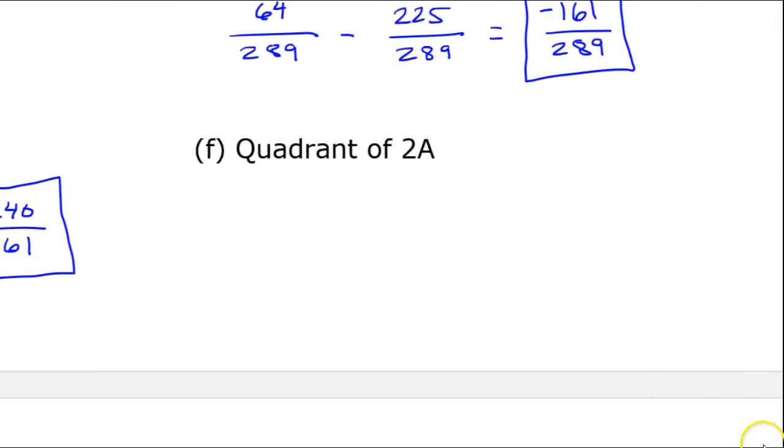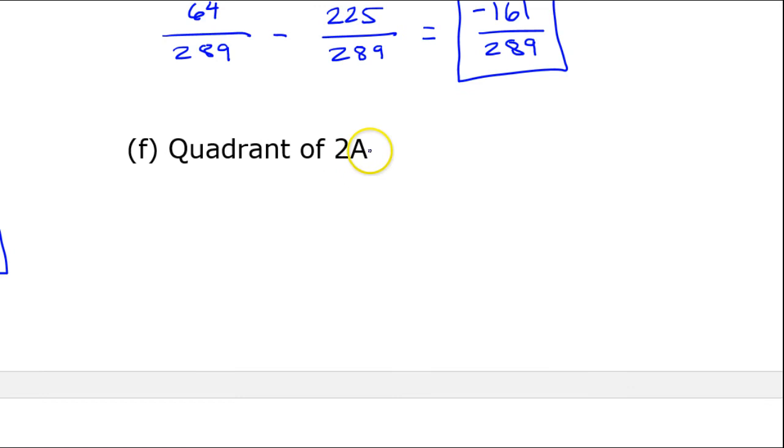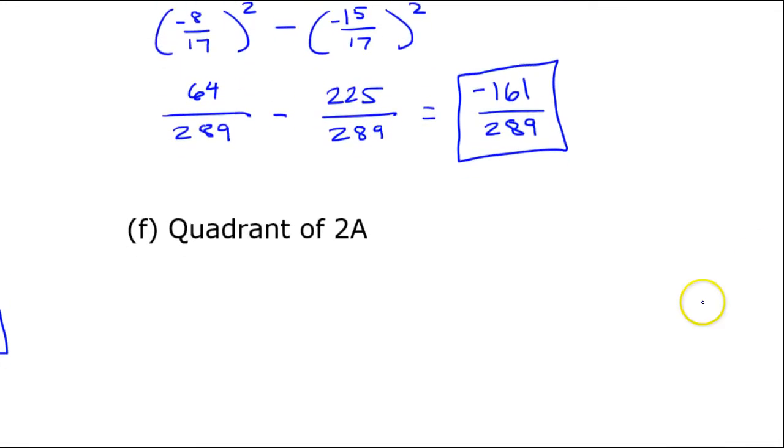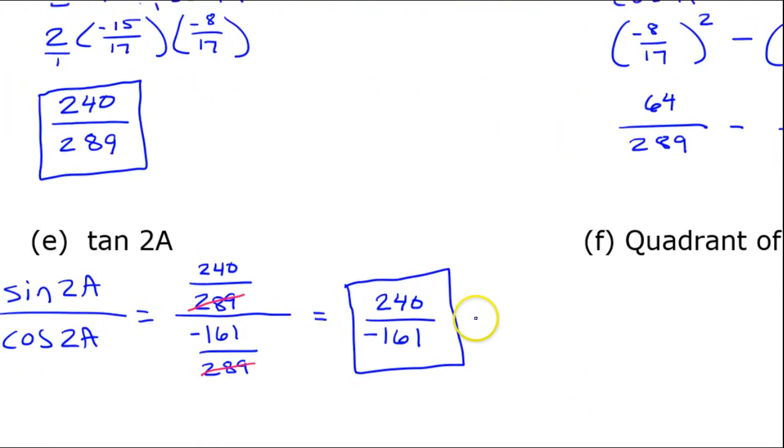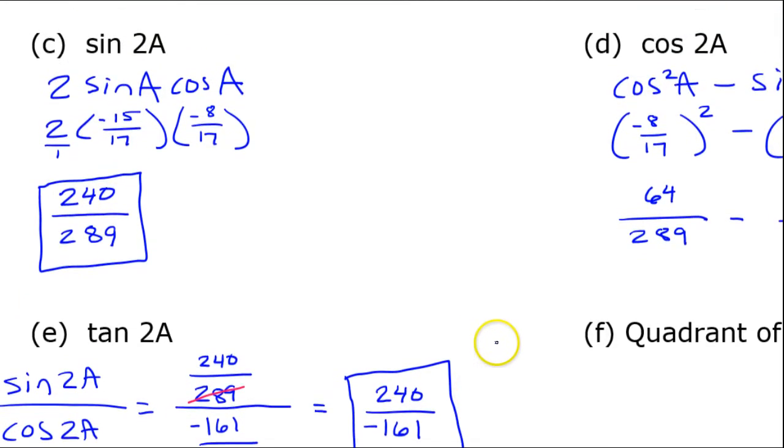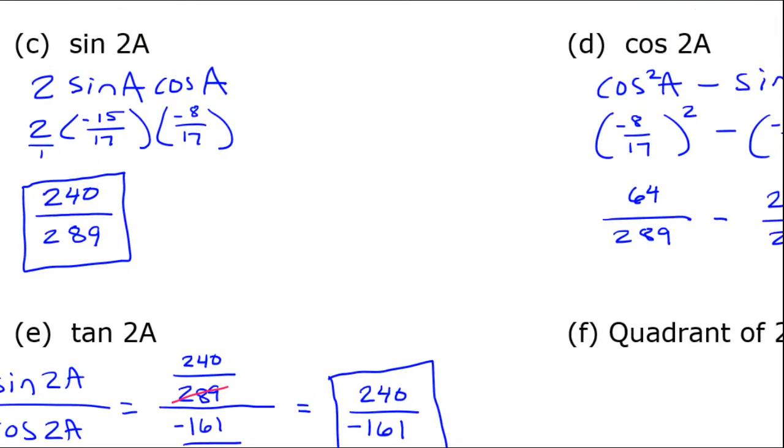Now, what about the quadrant of 2a? Well, the quadrant is going to depend on whether the sine, cosine, and tangent were positive or negative. Looking back at our previous problems, we really could answer the question just based on the sine and the cosine. Notice that the sine of 2a was a positive number.